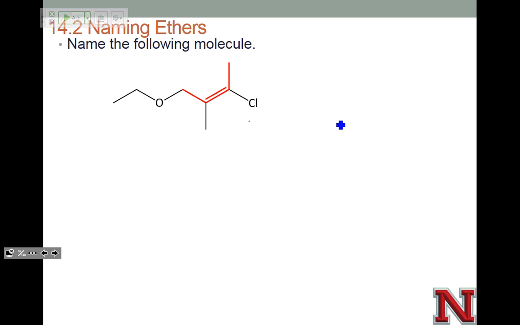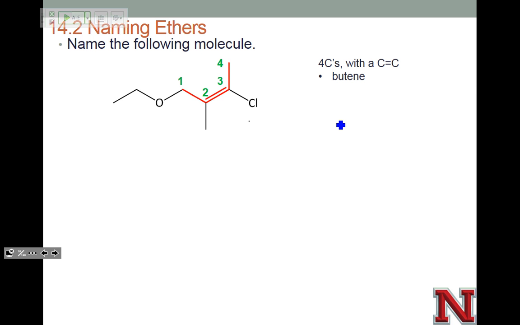So in this case, the best route for our parent would be the one that contains the carbon that's attached to the ether, contains our double bond, contains that chlorine. So we have some substituents, and we want our lowest numbering system possible for our double bond, because our double bond takes priority of all the things that are here. Of course, if we number from the right or the left, our double bond is 2.